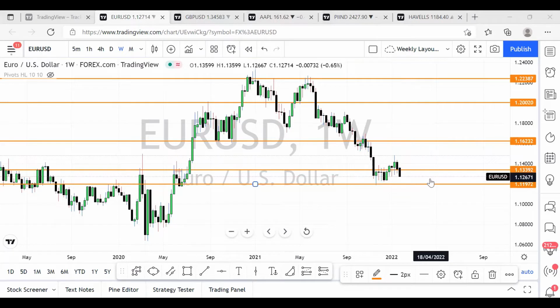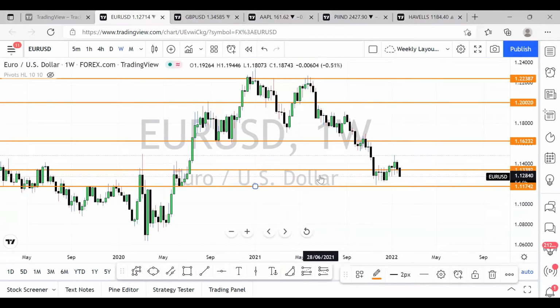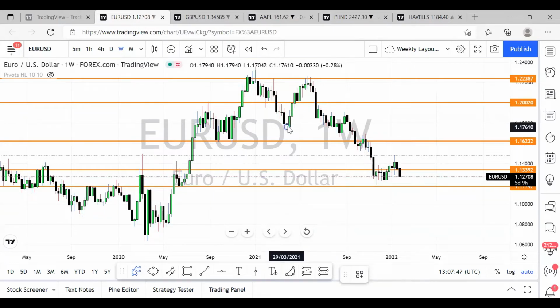So let's just polish this up a bit. As you can see, the market has gone from a downtrend. The market went up, down, up, down, up, down, further to the retracement.